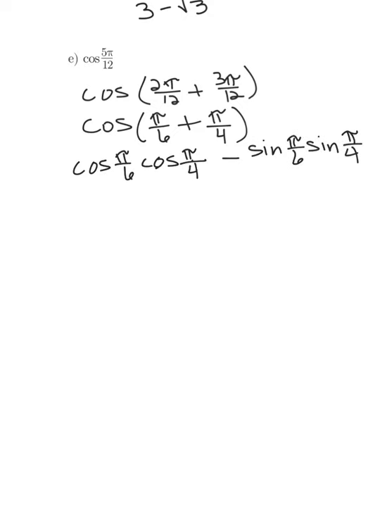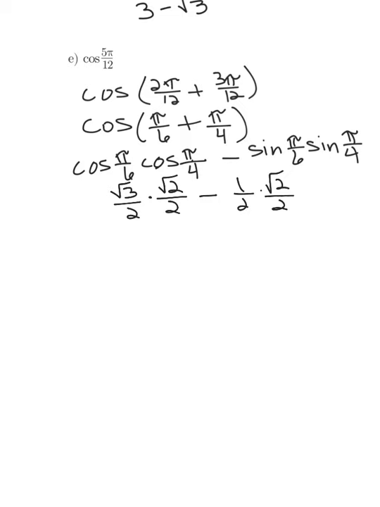Now, look at your unit circle. What's the cosine of pi over 6 equal? It equals the square root of 3 over 2. Take that times the cosine of pi over 4, which is the square root of 2 over 2. Subtract. The sine of pi over 6 is 1/2, and the sine of pi over 4 is the square root of 2 over 2.